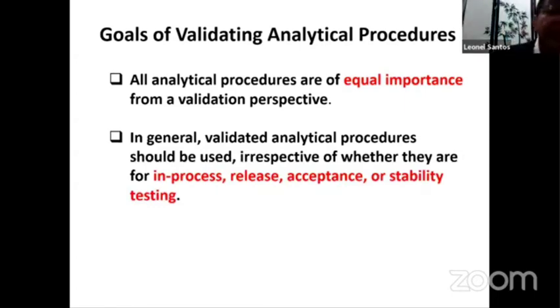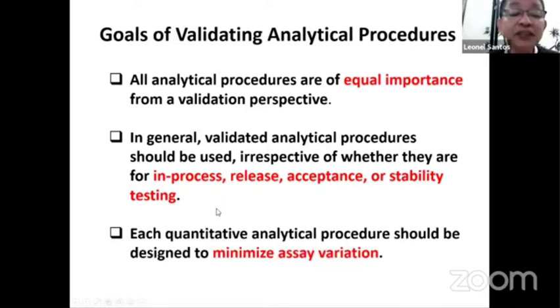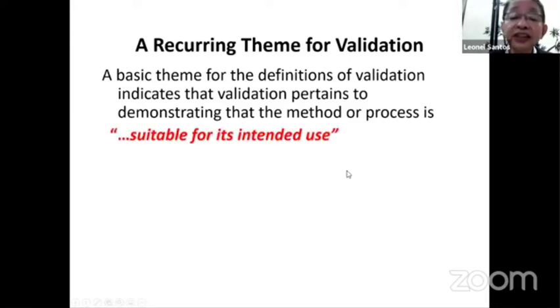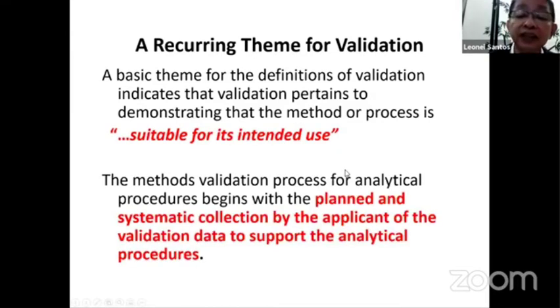In general, these validated analytical procedures are used in different ways: for in-process testing, release, acceptance, even for stability testing. But again, you would want a validated method that minimizes variation in results. Again, the recurring theme for validation is that it is suitable for its intended use.